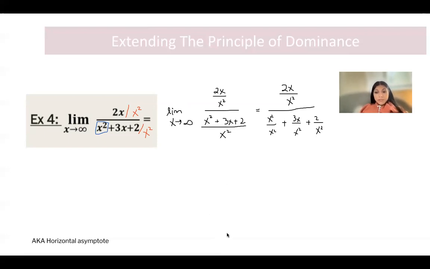Okay, so now I'm going to simplify each term here. For 2x over x squared, we can cancel out an x from the top and bottom, and that becomes 2 over x in the numerator position. All over, let's simplify each of these now. x squared divided by x squared: anything divided by itself is 1, plus 3x over x squared, the middle term.